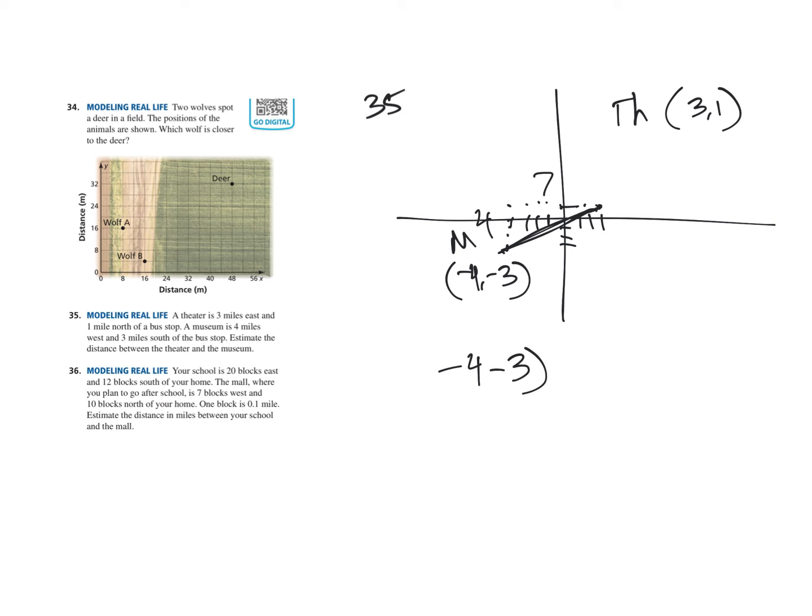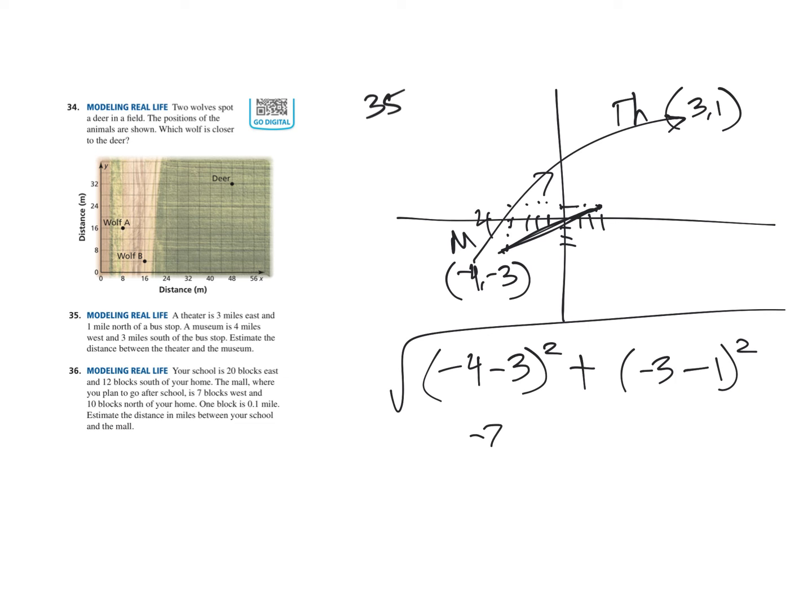-4 minus 3 squared. Estimate in this case means you're going to round your answer. -4 minus that 3, and then you have a y, -3 minus 1. Don't forget your radical. -7 squared is positive 49. -3 minus 1 is -4. -4 squared is positive 16.